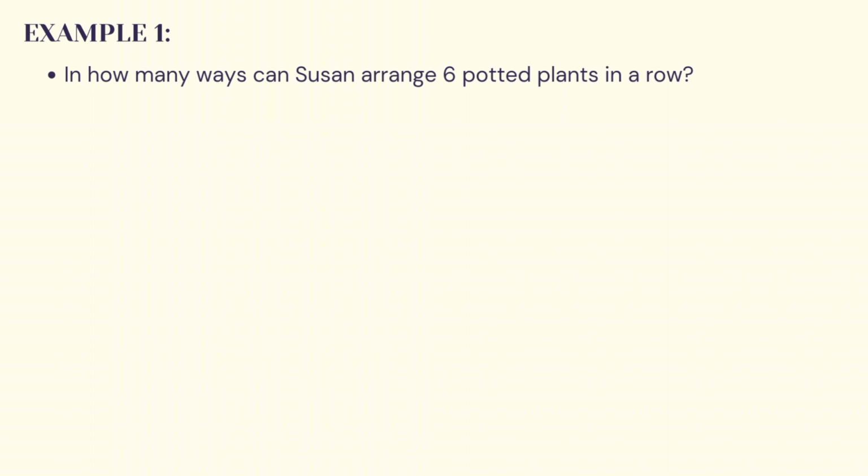Example number 1. In how many ways can Susan arrange 6 potted plants in a row? This problem is an example of permutation of objects taken all at a time. So, we will use the formula P equals n factorial.